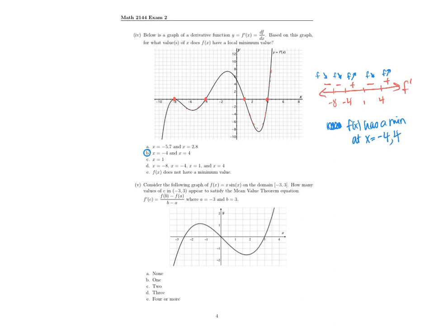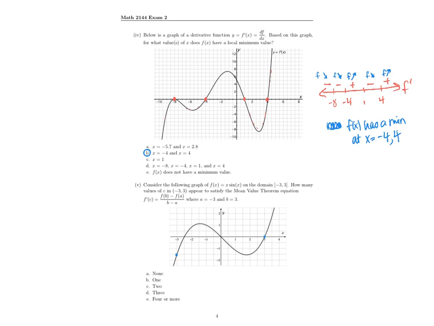Okay. On the last one it says, here's my graph of x sine x on the domain -3 to 3. So that's here to here. How many values of C appear to satisfy the mean value theorem equation?